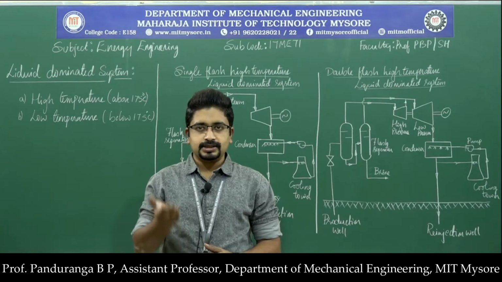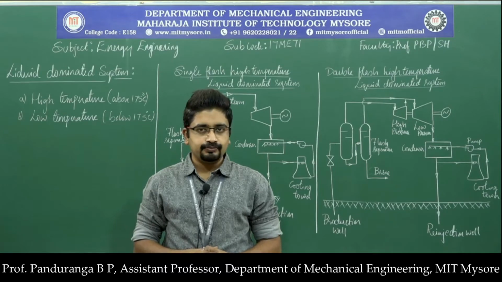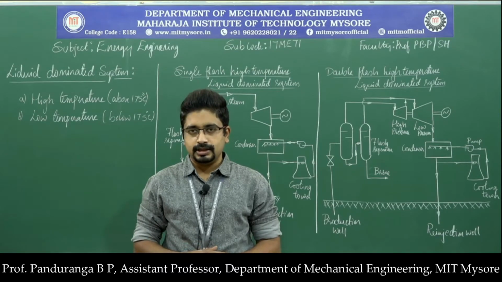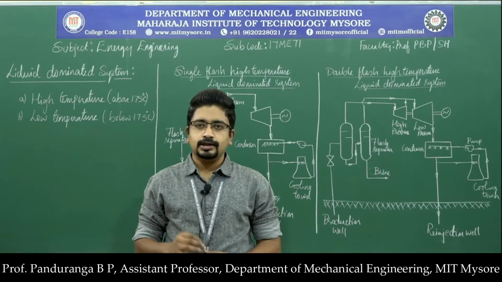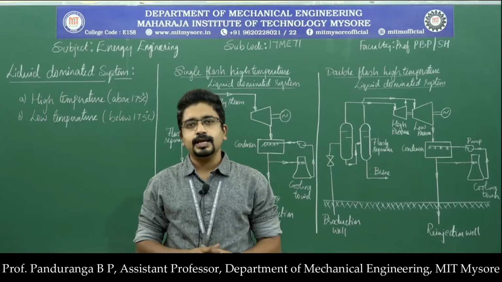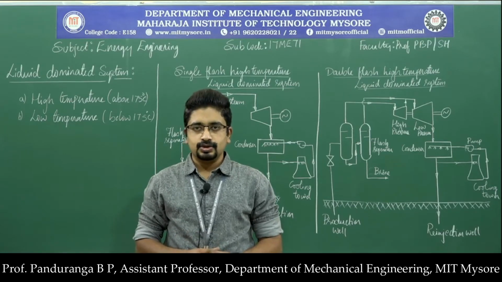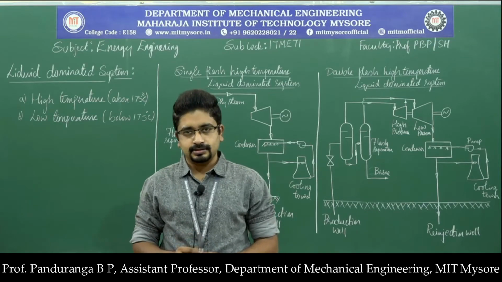So although the temperatures are higher than the boiling point at atmospheric condition, the pressure will be very high, and because of that, although the water is at higher temperature, it remains in the liquid state. Those kinds of systems we call liquid dominated systems.